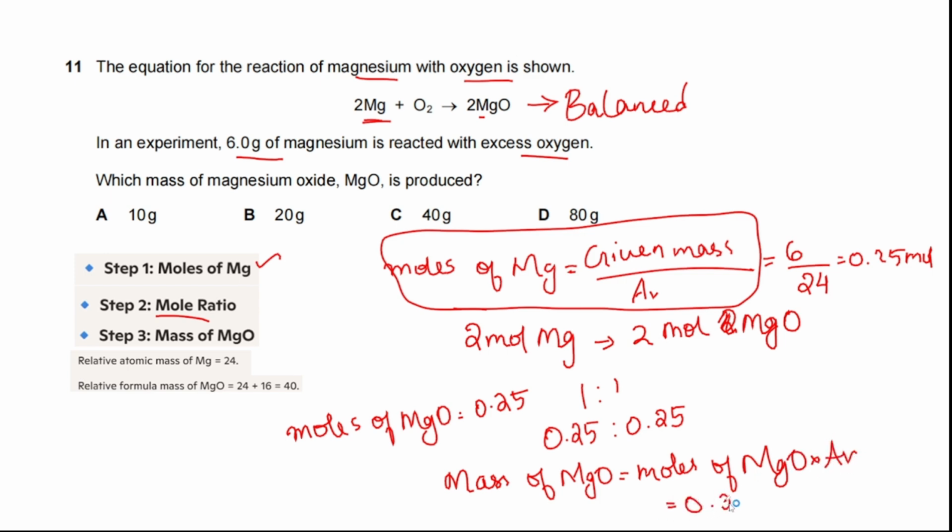So it is 0.25 times the relative mass of MgO. Since Mg has 24 and oxygen has 16, the total is 40. So 0.25 times 40 will be the calculation, and that's 10 grams. So out of these, option A is the correct answer.